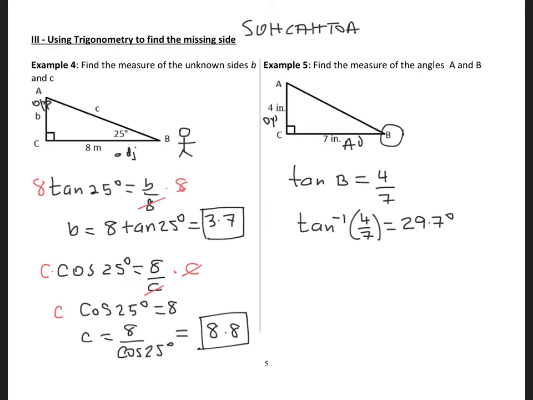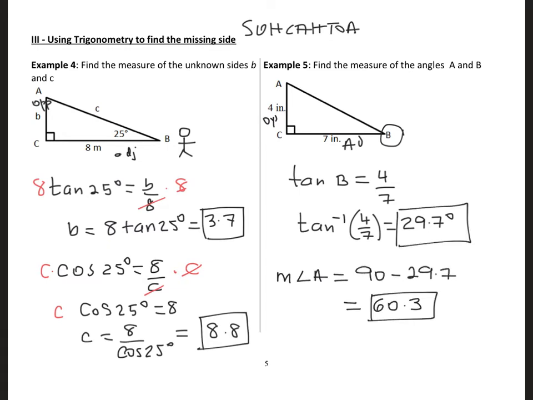So I have angle B. Now how do I find angle A? I know that if I add angles A and B, I get 90 degrees. So the measure of angle A is going to be 90 minus 29.7, which is going to equal 60.3. So those are my solutions.